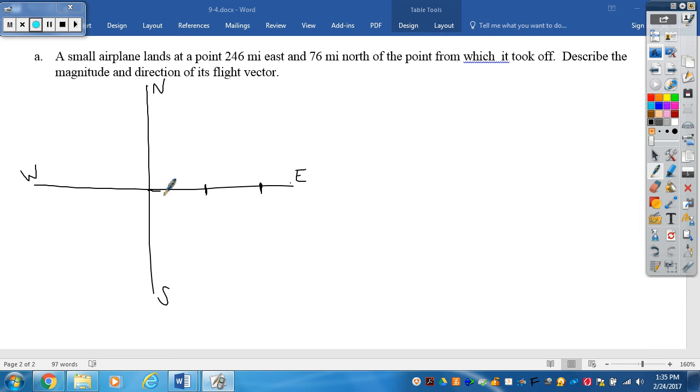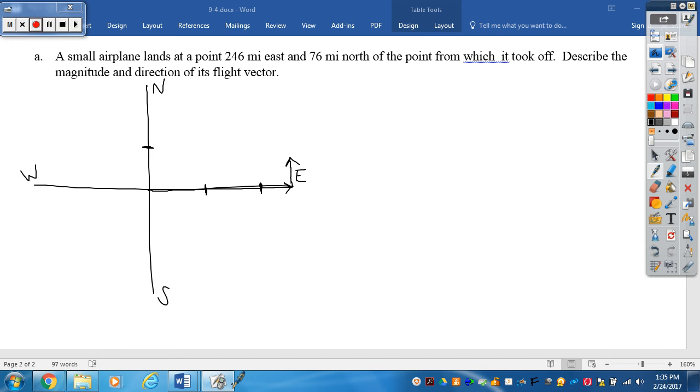So the initial vector that they gave us was 246 miles east, and then 76 miles north. Now, if this length right here is 100, I'll go ahead and mark that out. So right about right there. Okay, doesn't look quite right, but I tried. So 76 miles would be 3/4 of the way up. So if I go 3/4 of the way up that side right there, something like that.